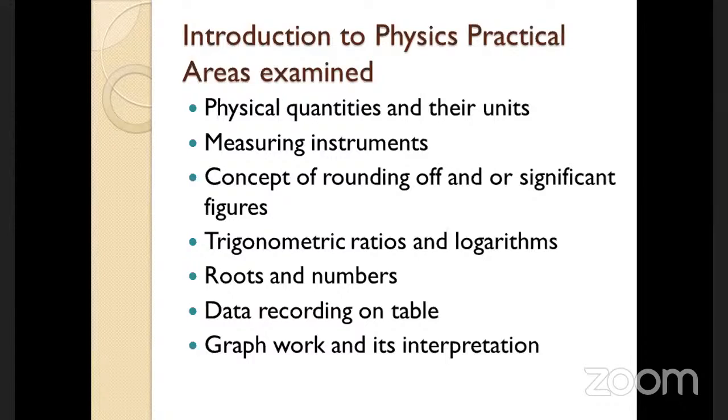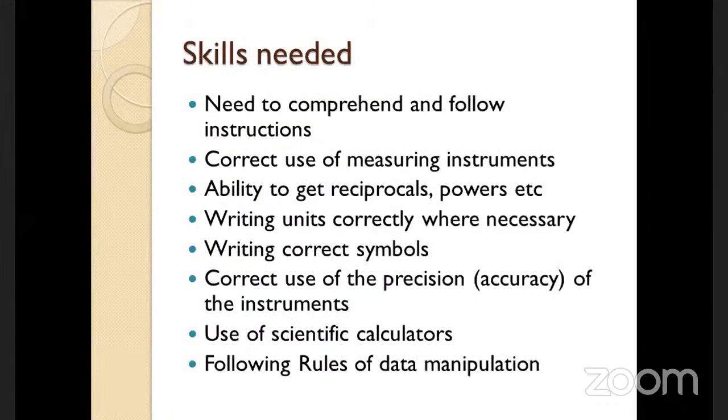But these concepts that are examined require that you have certain skills. I know all of you who are doing physics at this level already had done a lot in O level.